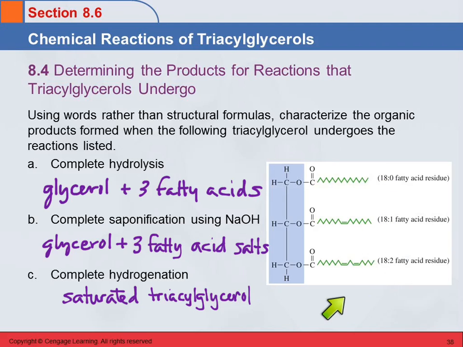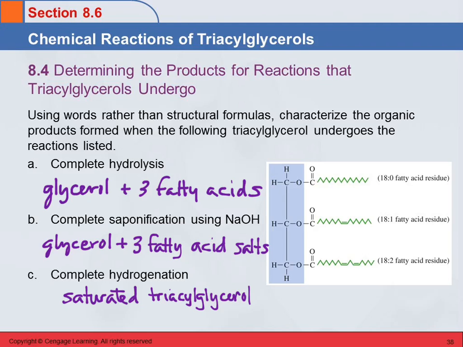So for this one, when we hydrogenate it, yes, it does become a simple triacylglycerol. All of these will then be the same. They'll all be 18 zeros. Now, if you had 18 0 and 21 and 24 2, and you hydrogenated it, you would still have a mixed one. It's a good question.